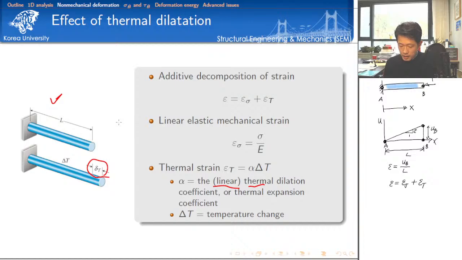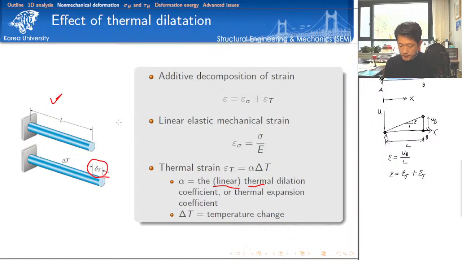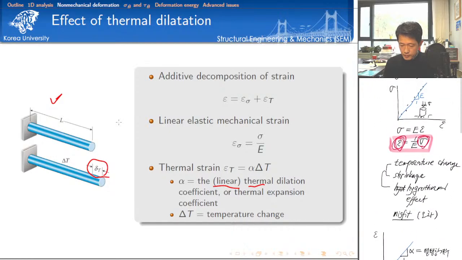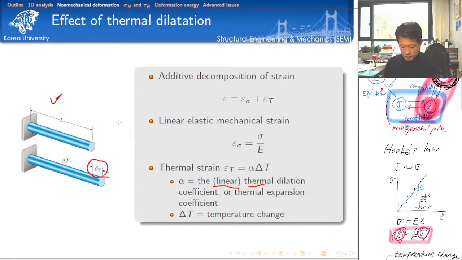And here we use the constitutive law. If I want to use the constitutive law, the problem is that the constitutive law is a relation between stress and strain, isn't it right?